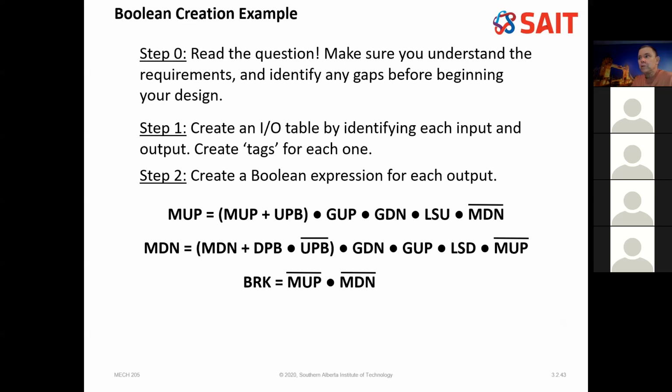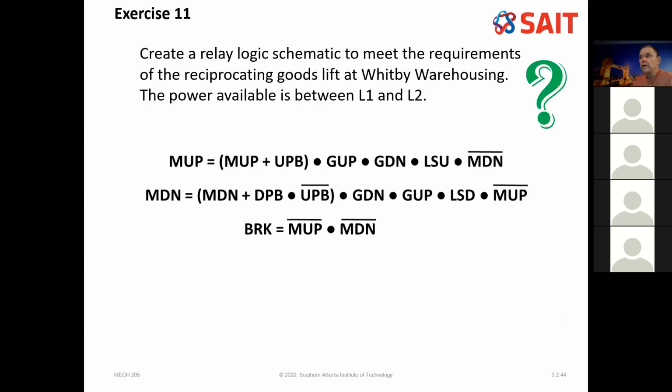Step 2, you build a Boolean expression for each output, motor up, motor down, etc. Once you have the Boolean expression, you can create a wiring diagram to match those things.